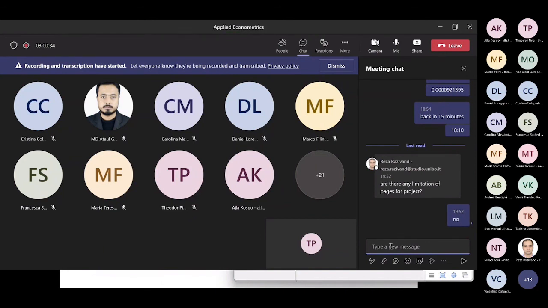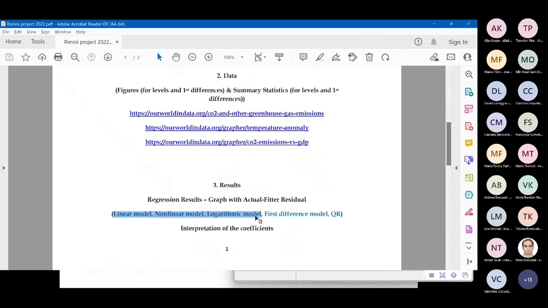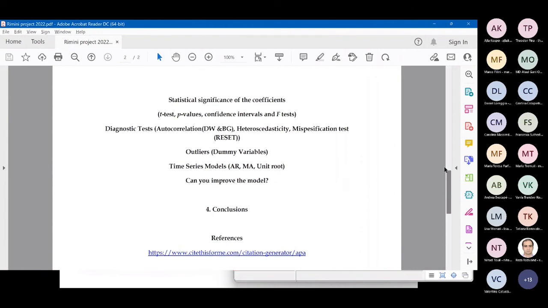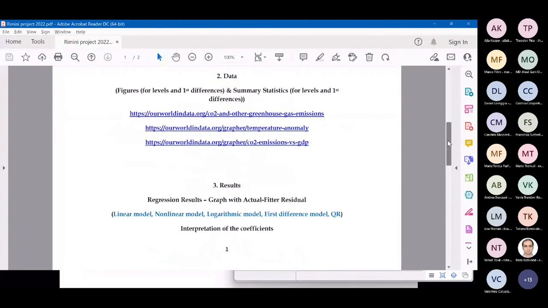Yes, the lower limit, but yes, they are okay. Are there any limitations of pages for the project? Reza is asking. No, there are no limitations. In fact, as I say at the end of the project, the emphasis is on tables, on graphs, etc. So try to include as many figures, as many graphs as possible to improve the quality of your project. There are no limitations to the number of pages.